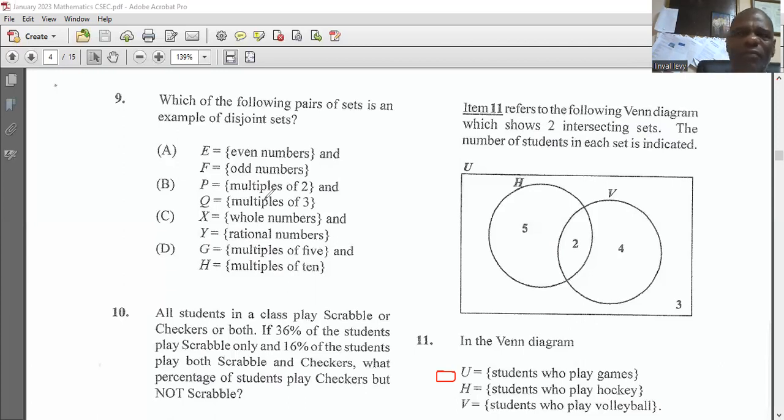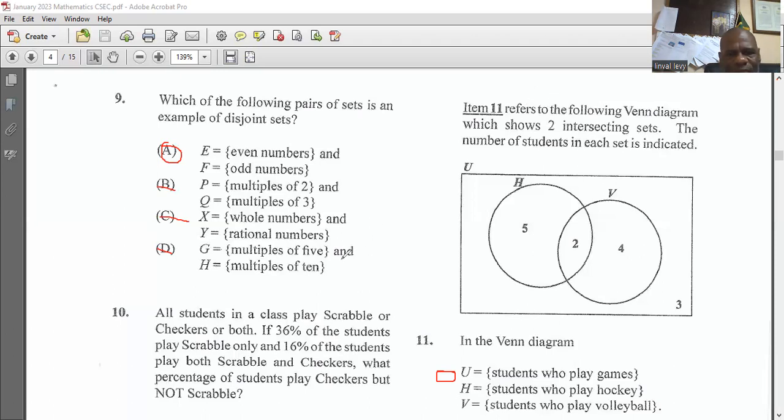Now let's look at C, whole numbers and rational numbers. Those have a lot of overlap, so you don't even look at that. Then you have multiples of 5 and multiples of 10. Now 10 is a multiple of 5 right there. Good? So you eliminate all of these right away. So your answer would be A.